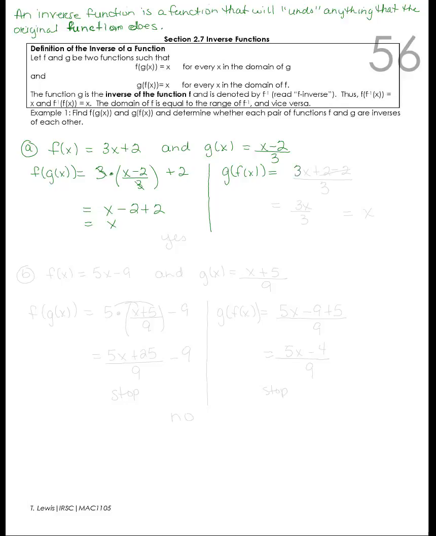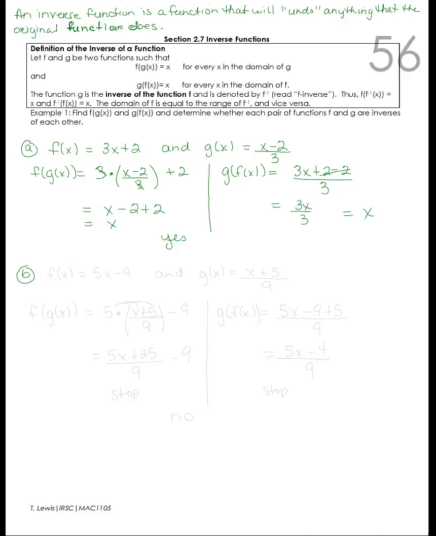So here you go, 3x plus 2 minus 2, all over 3. What happens to the 2's here? Yeah, then you have 3x over 3, and that gives us x. So, are they inverses of each other? We can just say yes, they are. Okay?